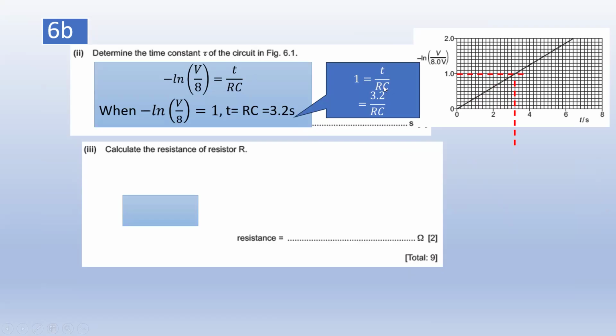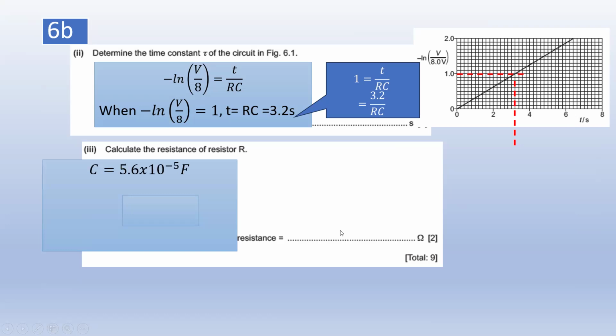So RC equals 3.2. Calculate the resistance. C we have calculated. This is your time constant equals RC, R is tau over C. Put in your value and calculate out.